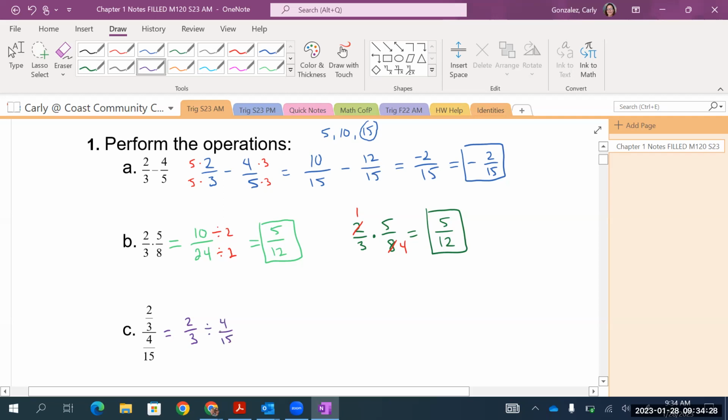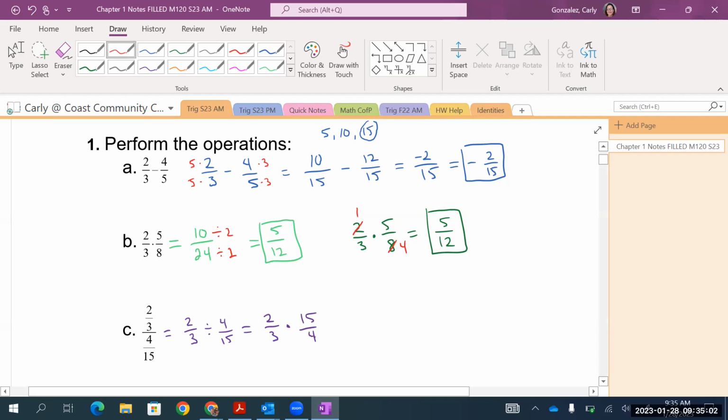Now, it's always an option to rewrite it using this step, but eventually we may want to try and skip that step. Now, one strategy for dividing fractions is we can flip the second fraction and multiply. So we can change that into 2/3 times 15/4. Now I'll go ahead and see if we can reduce first.